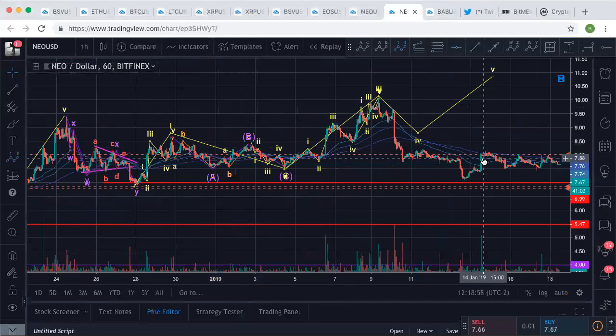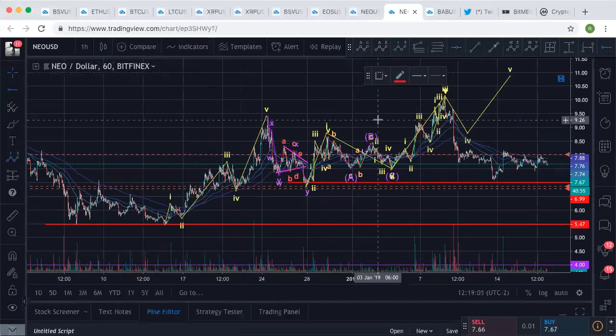Okay, without even using Fibonacci, we could assume that that would be the pattern that would happen. Now, this entire structure would either be an ABC up or it could be an impulse. So this would be the big 3rd wave or it would be a C wave.